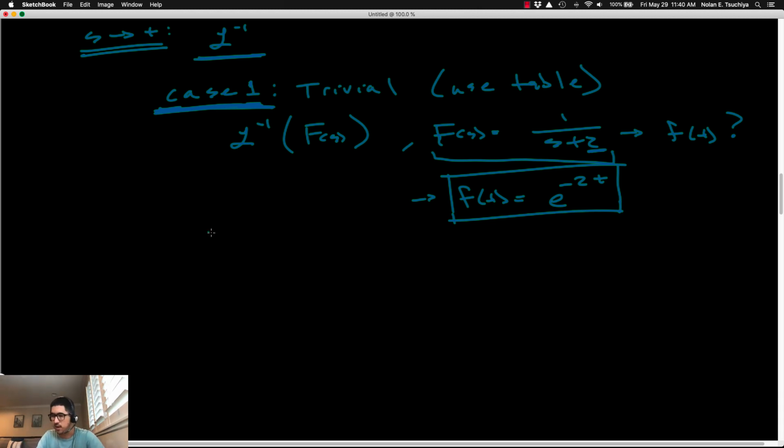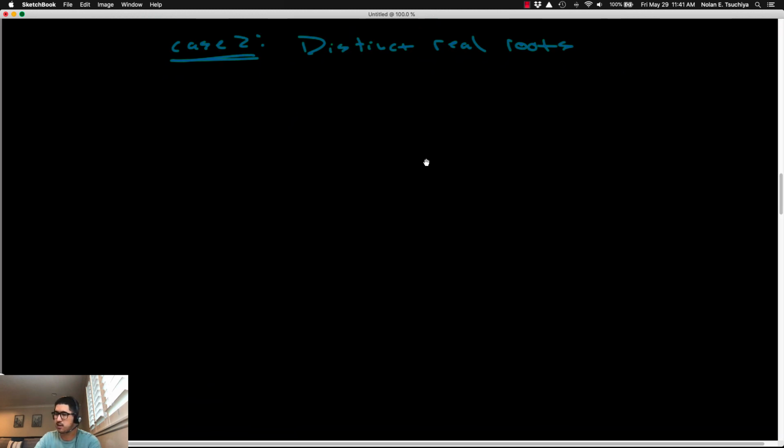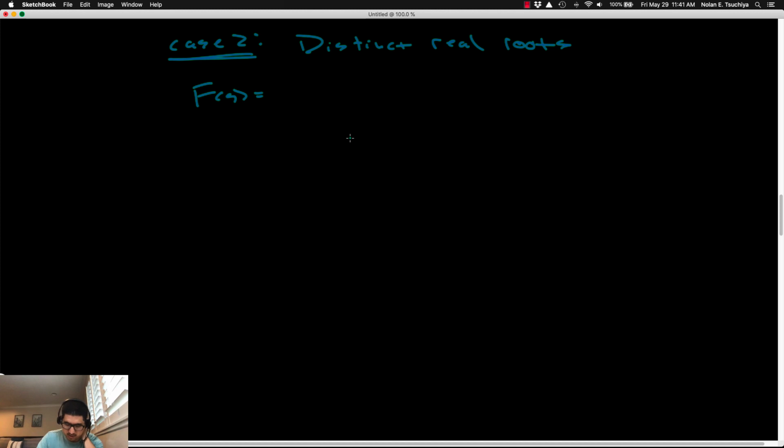Sometimes that's not going to be the case. Case 2, we're going to call distinct real roots. Distinct real roots, well, roots of what? What I mean by distinct real roots is you look at the S-domain function that's given, and first of all, you want to rule out that it's a case 1 by looking on the Laplace table.